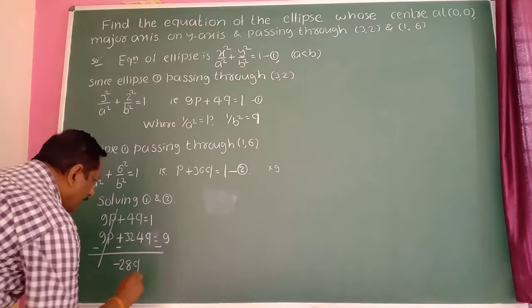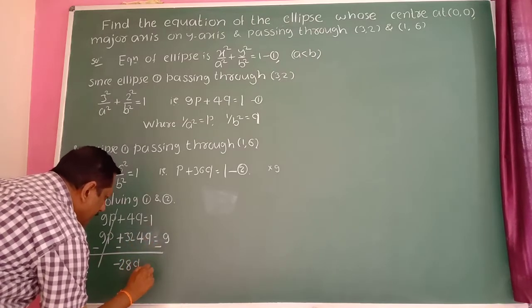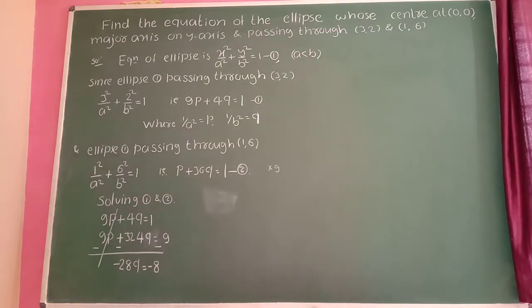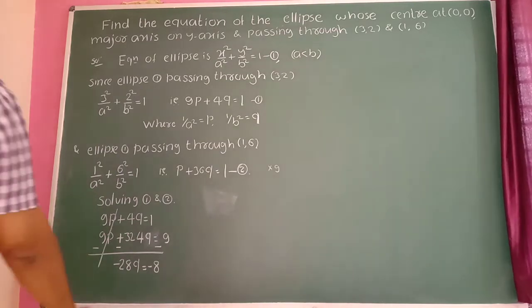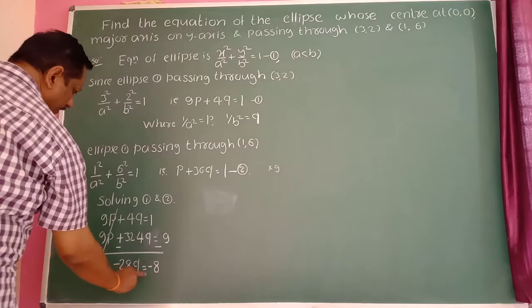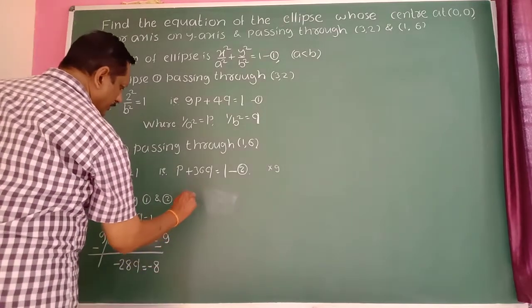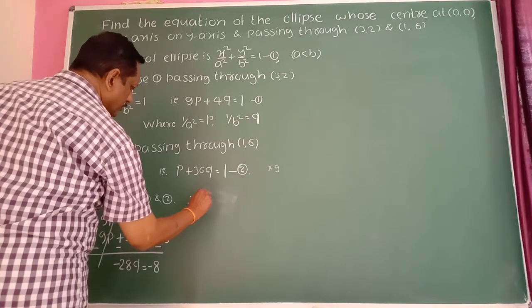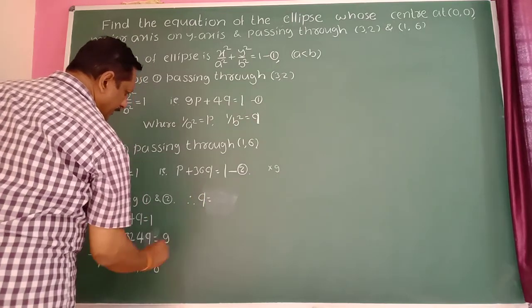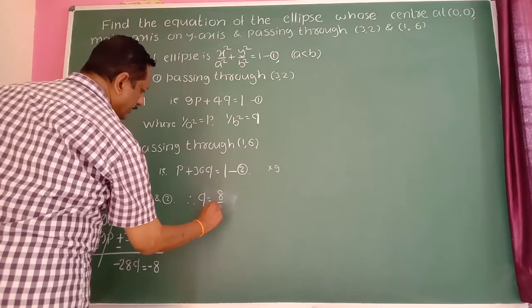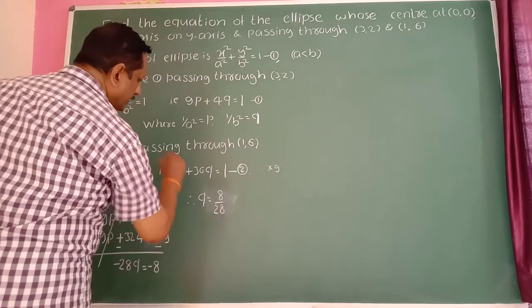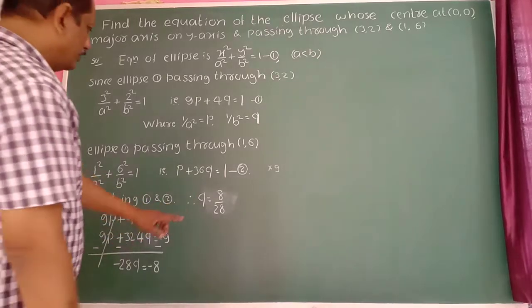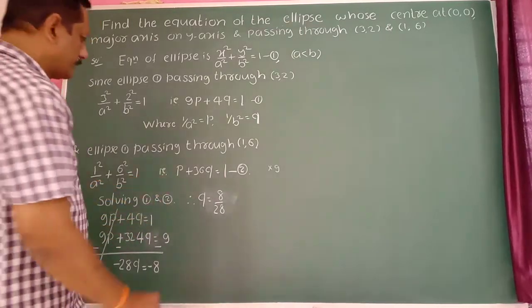And 1 minus 9 becomes minus 8. Then take 8 to this side, and minus becomes plus. Therefore, q is equal to 8 by 28, 8 divided by 28. Substitute this q in equation 2.